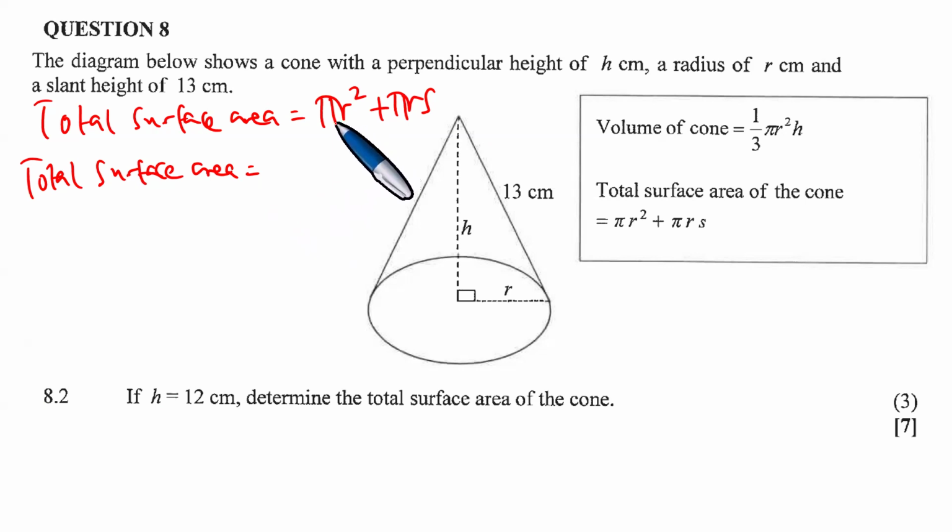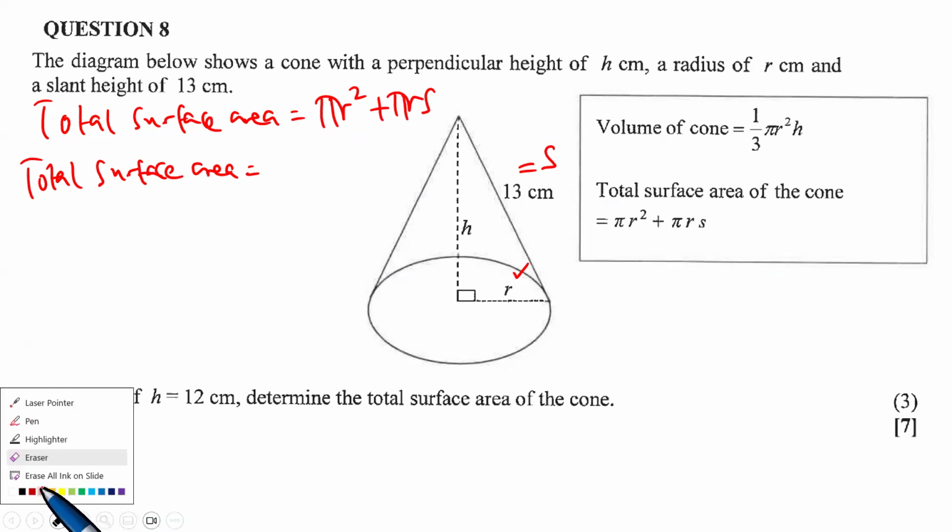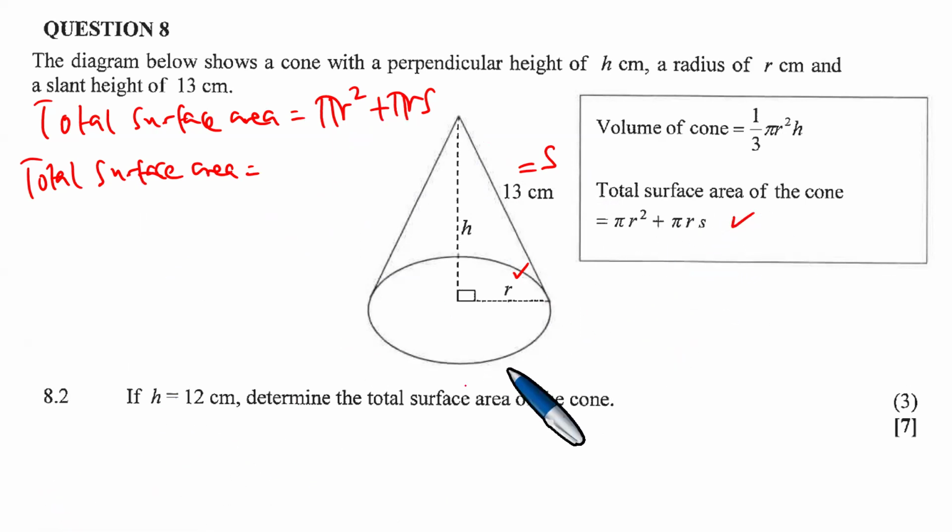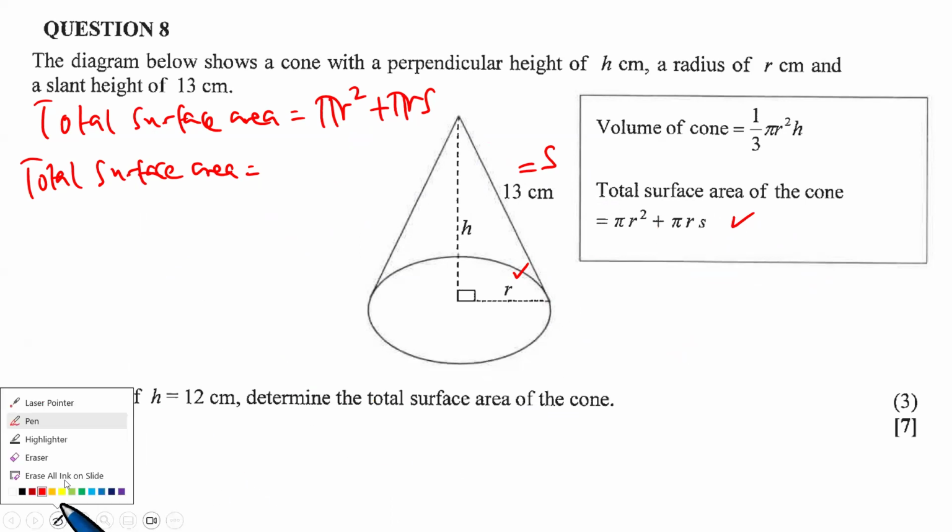What is r? We need to calculate r so that we can plug it in. We also need the slant height, but that one is already known. So there is our lovely friend, the total surface area for the cone.